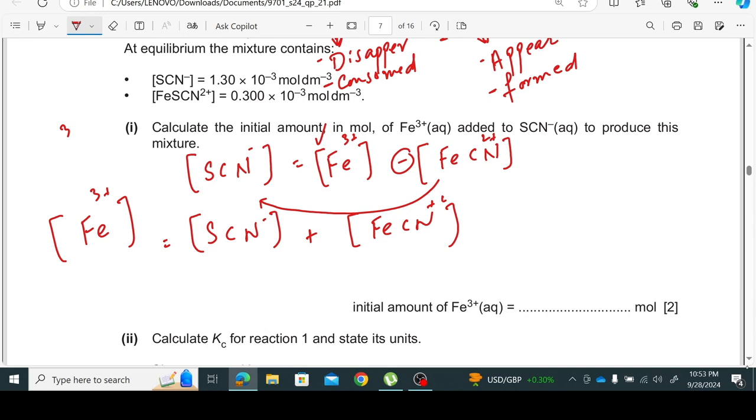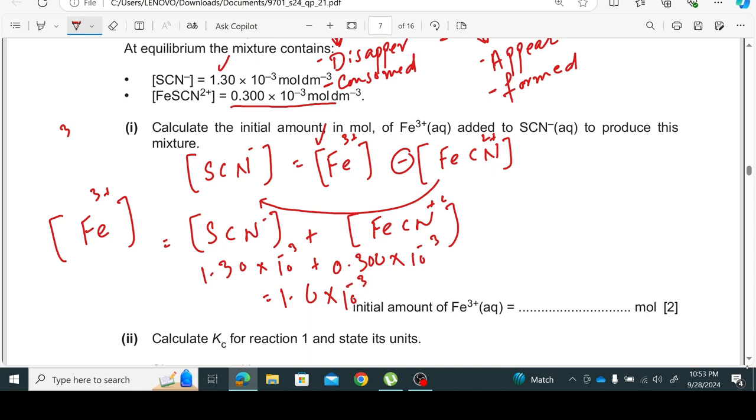SCN is given here as 1.30 times 10 to the power minus 3, plus FeSCN is given as 0.300 times 10 to the power minus 3. Let me calculate it. It becomes 1.6 times 10 to the power minus 3 mole per dm3, because it is the concentration of this iron.